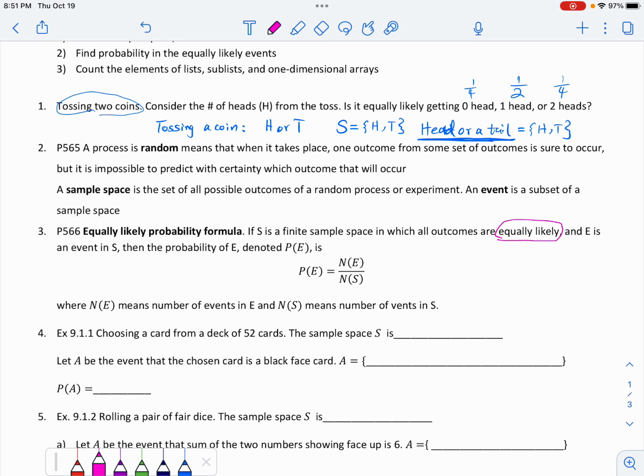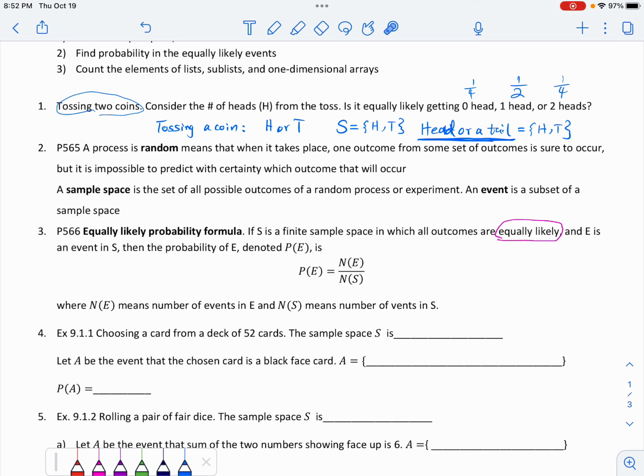So this result only applies when you have equally likely outcomes. And E is an event in S. Then the probability of event E occurring, denoted by P of E, can be calculated as P of E is the number of outcomes in the event E divided by the number of outcomes in the sample space.